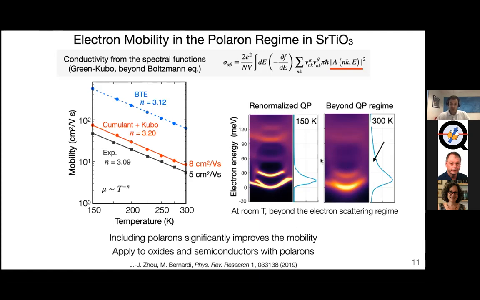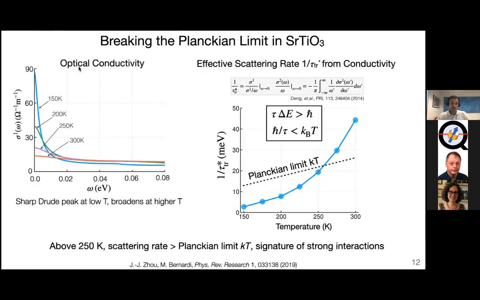To show this result more clearly, we have computed the optical conductivity in strontium titanate. You see here at low temperature, it's a peaked Drude function, and then it broadens at higher temperatures. And then using an approach developed in this work, from the optical conductivity, now we can extract an effective scattering rate.